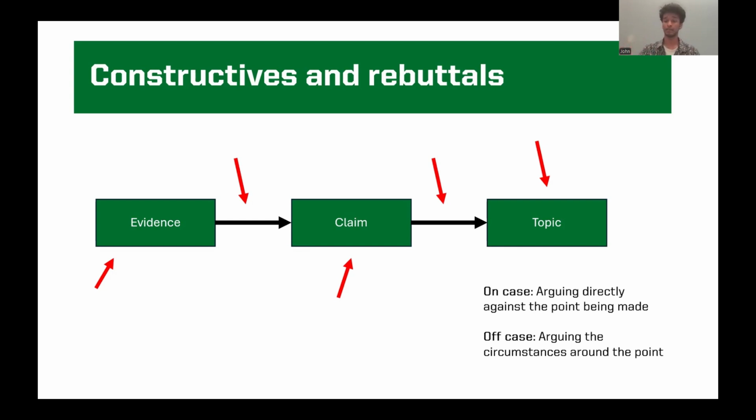The negative, your opponents, cannot argue both that the removal of fossil fuel subsidies will not be effective enough to spur any meaningful change. The fossil fuel companies will still keep drilling, keep polluting, whatever.